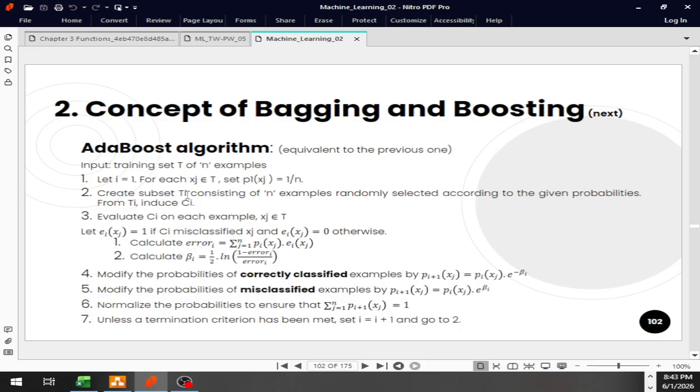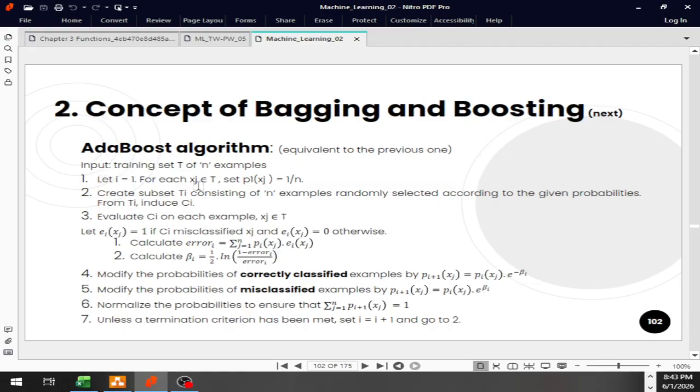Why Ti? Because for each classifier it has an i. The first classifier, the second, the third, etc. Consisting of n examples. You see here that n examples for the subset and n examples in the root dataset. So it has the same number of elements.